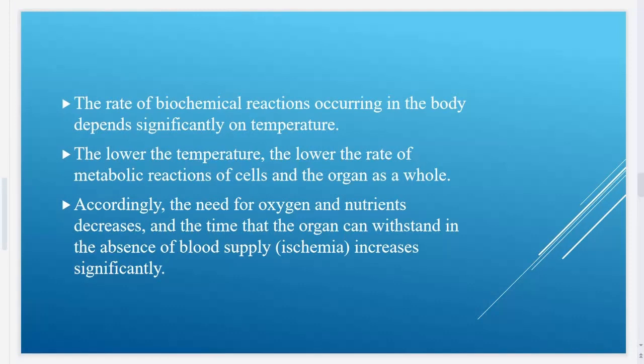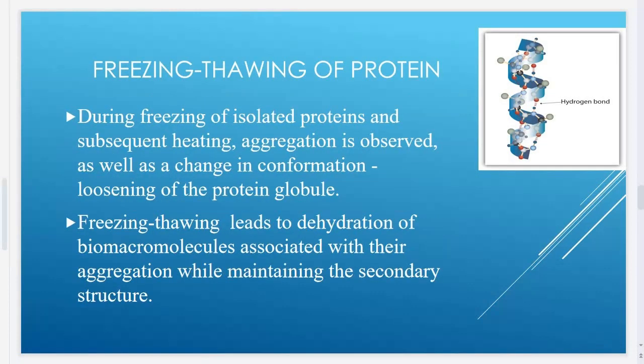It has been shown, for example, that the use of hypothermia can extend the survival time of a kidney from 30-60 minutes to 13 hours. This is the basis for the hypothermic preservation of organs and tissues for use in transplantation: kidneys, heart, liver, lungs.